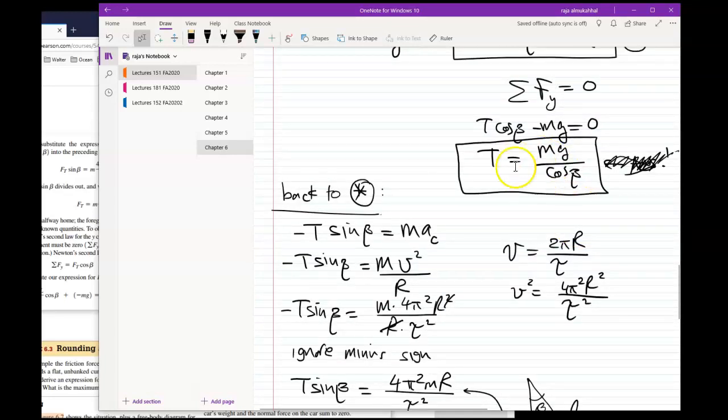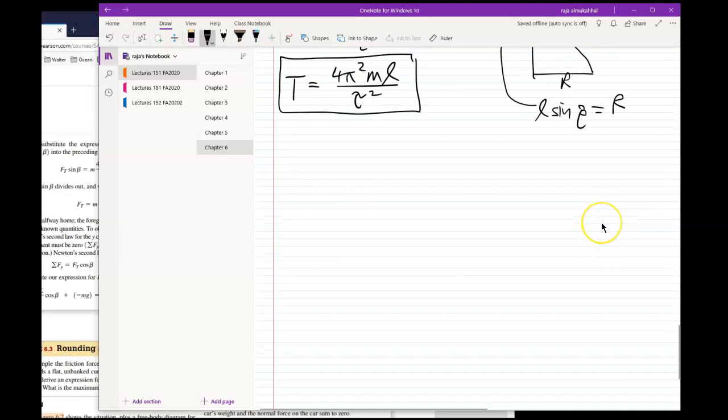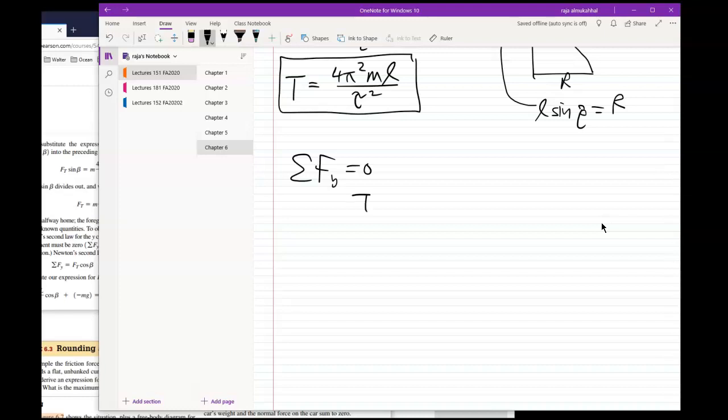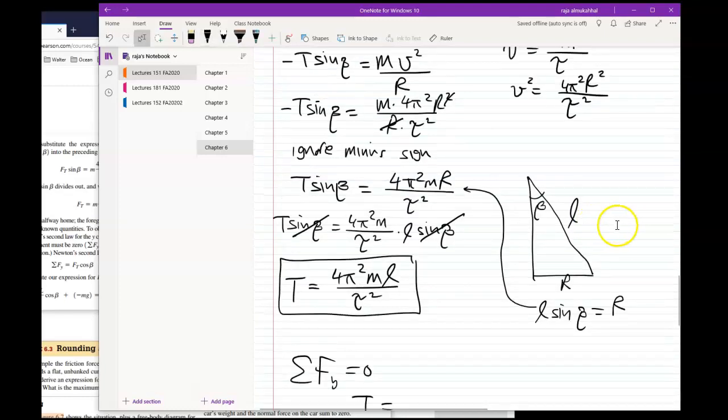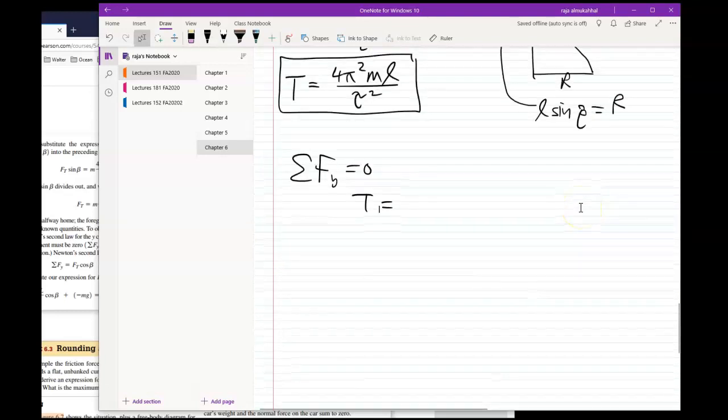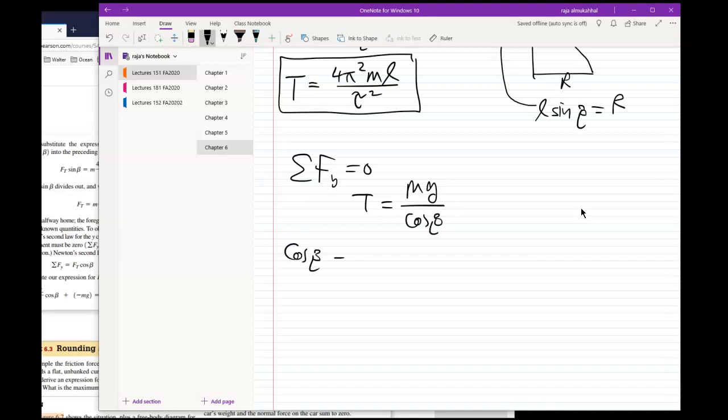So, let's keep that in mind. We have tension equal to mg over cosine beta. So here we have from sigma Fy equals 0, that the tension is equal to mg over cosine beta. Solve for cosine beta. This will be mg over the tension.